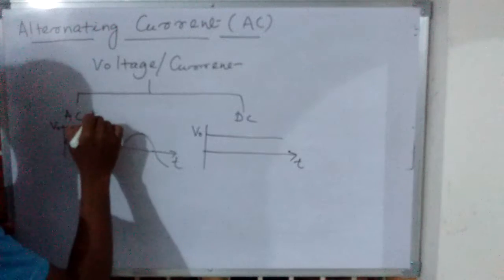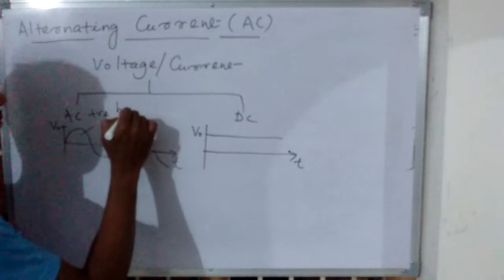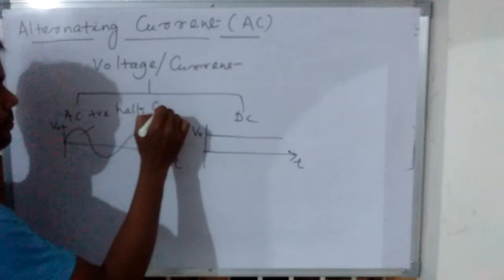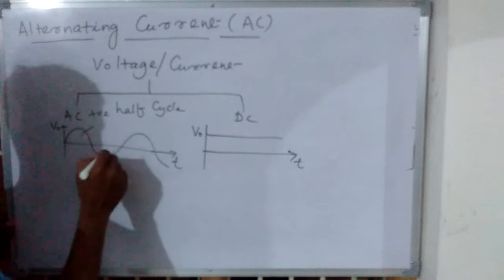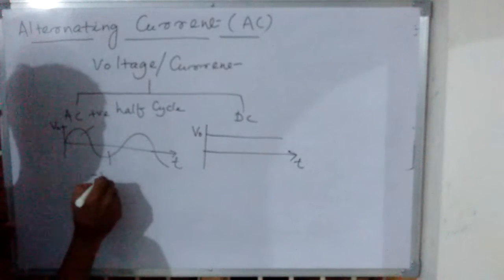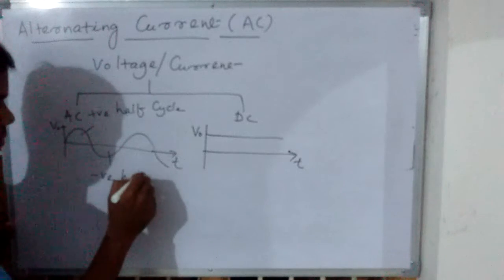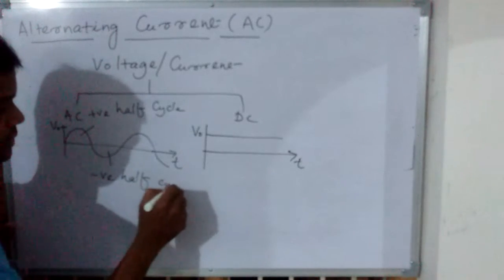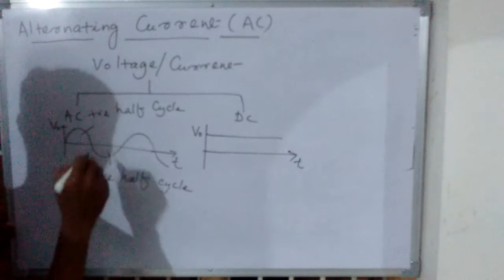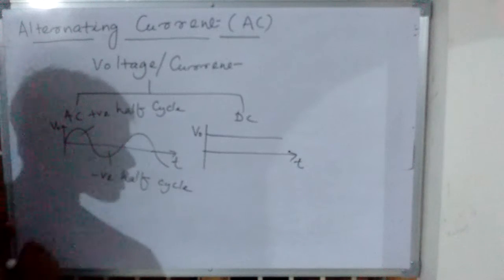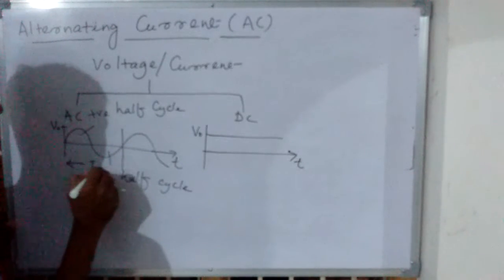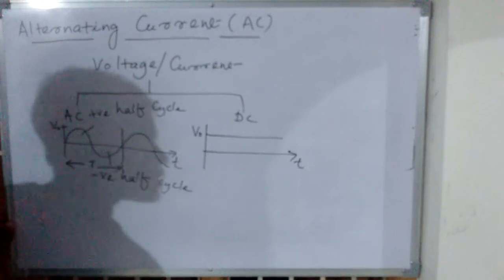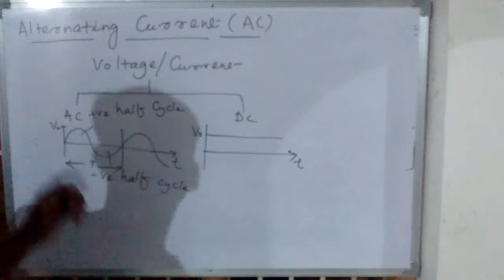This is called the positive half cycle of the AC and the negative half cycle of the AC. One positive half cycle and one negative half cycle constitute a full cycle of time period T. So this is AC.